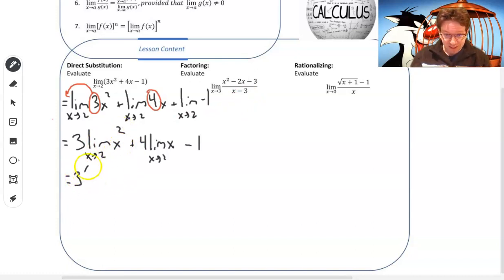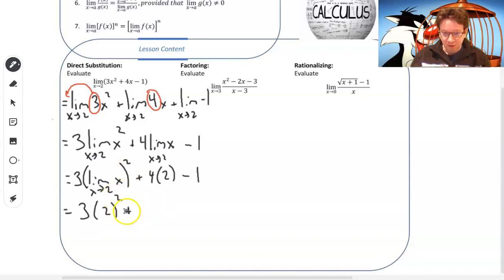So I can write it like this: the limit as x approaches 2 of x, and then I can square that. This one would just be 4, the limit of x, that's our other property, so that's 2. As x approaches 2, -1. Over here again, here we have 2, and it's squared, plus 4 times 2 is 8, -1, and that's going to all give us 19.